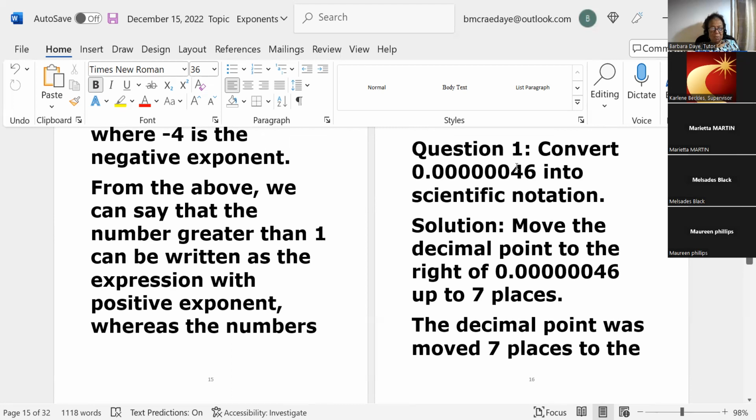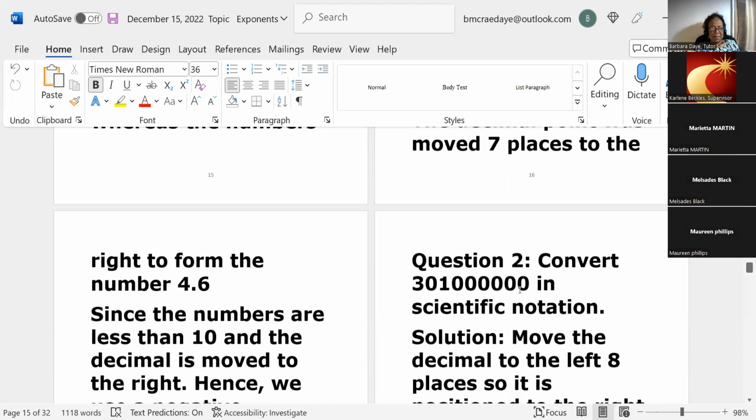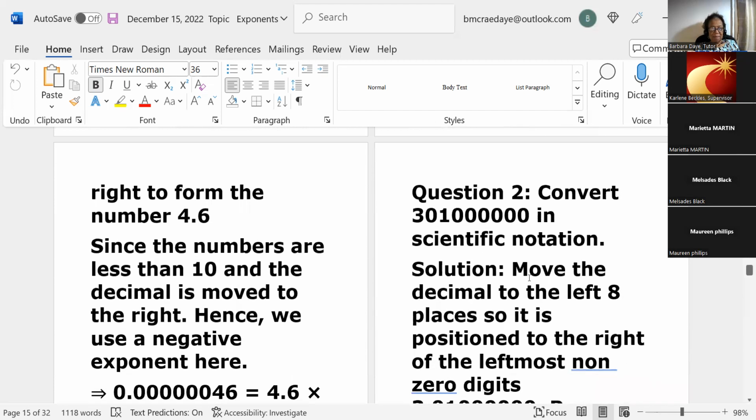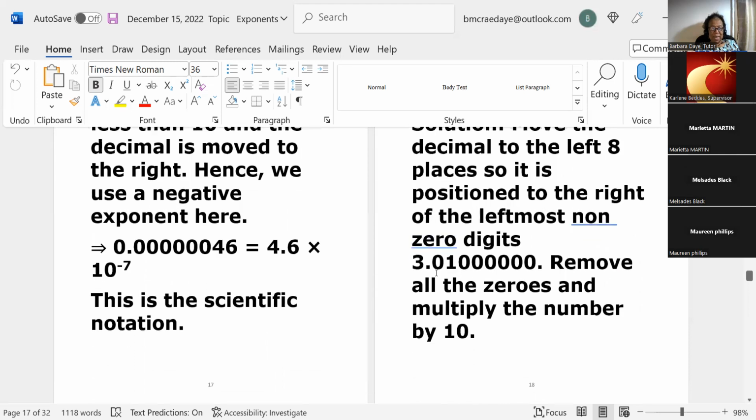How many places do you move it? 6 zeros and the 4, 7. So that would be 4.6 times 10 to the minus 7. And there's your answer. Here's a bigger number. You want to move between the 3 and the 0 right here. So how many places did you move it? 6 zeros, the 1 and the 0, that's 8. So it'd be 3.01 times 10 to the 8.